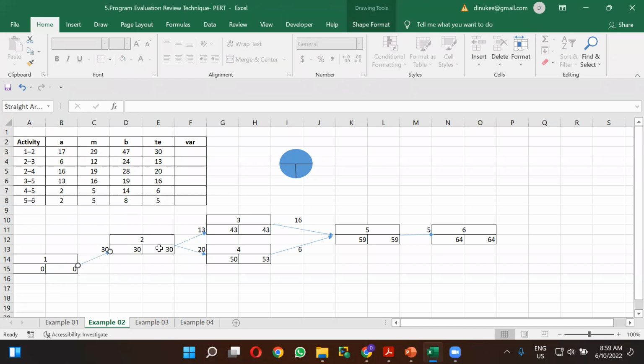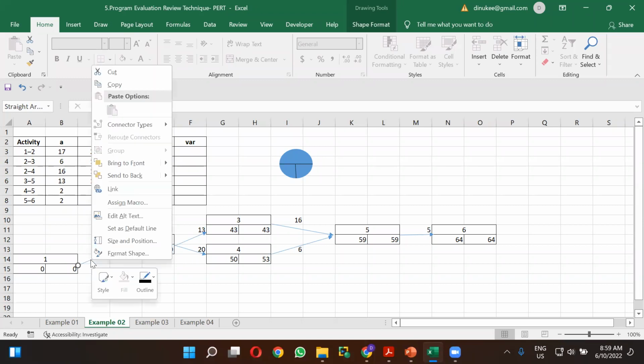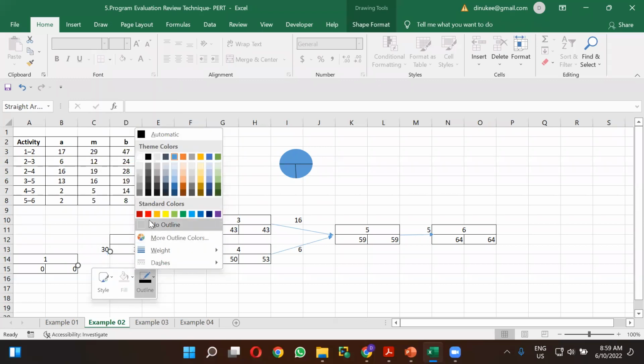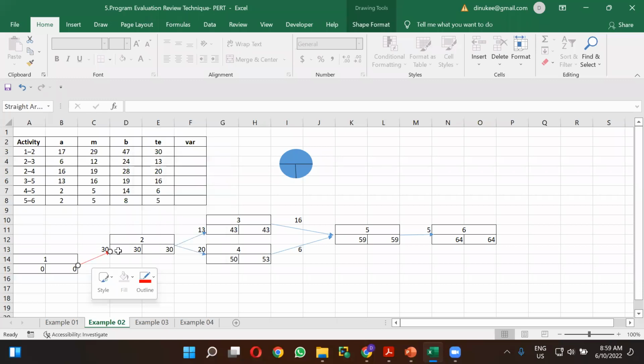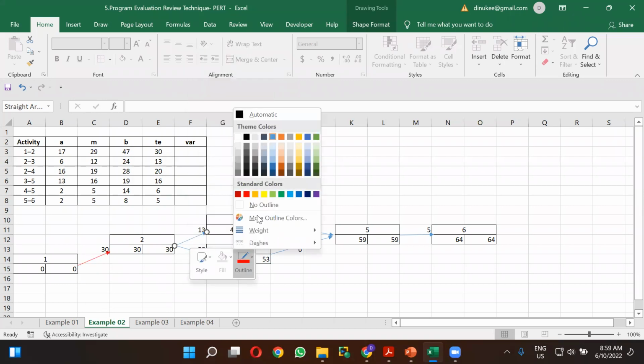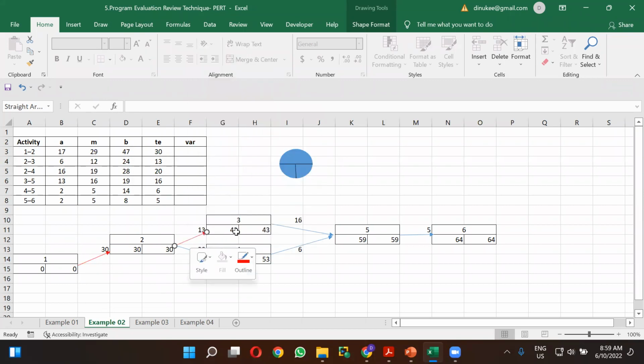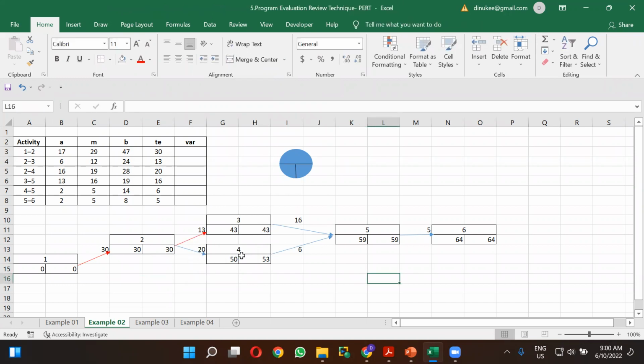Activity 1. For the activity 2 also, it is similar, 30, 30. That means it is a critical activity. So I will make a different color. Color it is red. So from 30 to 30, 30. And for the third activity, you can see this is one of the critical activities. And activity 4 is not a critical activity because there is a slack time.